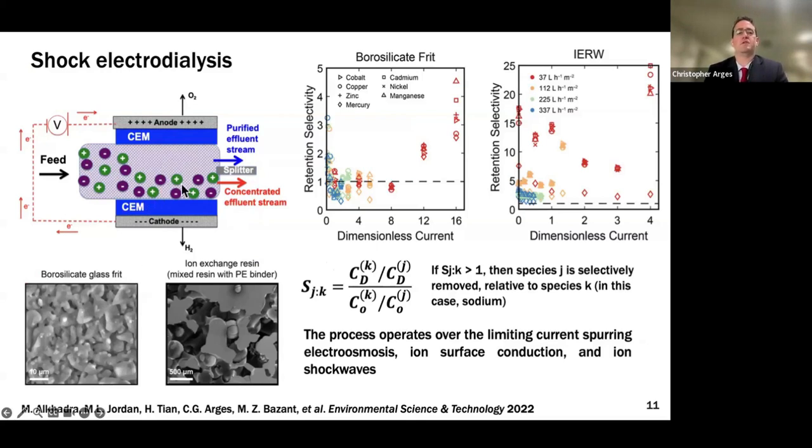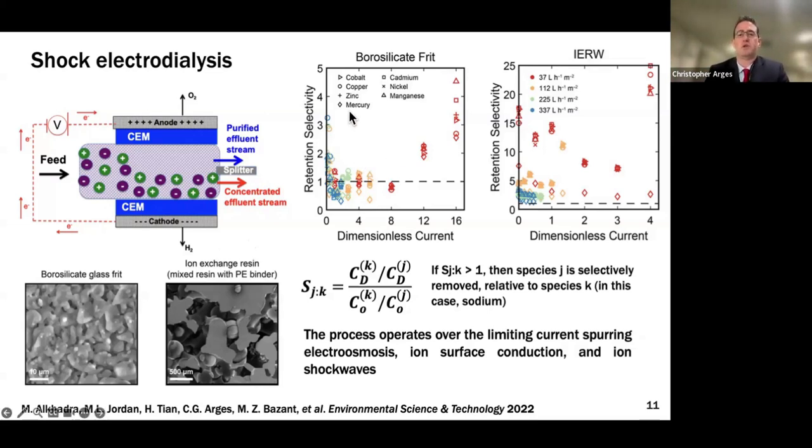And we substitute it with these ion exchange resin wafers, so those are ion exchange resin particles in a polymer binder. And you operate this thing over the limiting current. Limiting current is when you apply more voltage, but your current flatlines. But if you keep applying more voltage, you'll get over that limiting current. So that's what we call the overlimiting current.